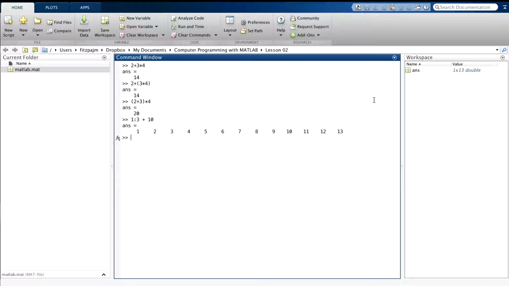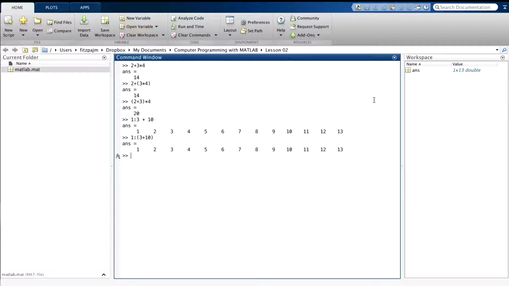To be specific, the colon is at 5 while addition and subtraction are at 4, and smaller numbers go first. So this is what we did. The 3 plus 10 went first, so we're given the colon operator 1 colon 13.